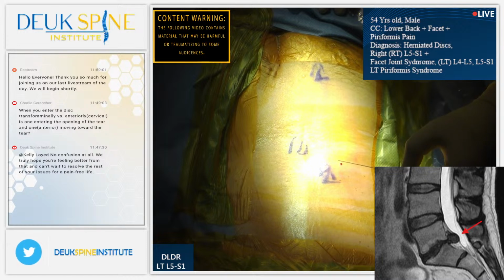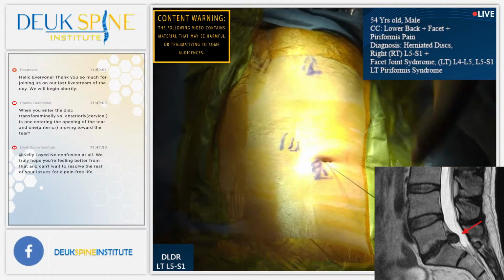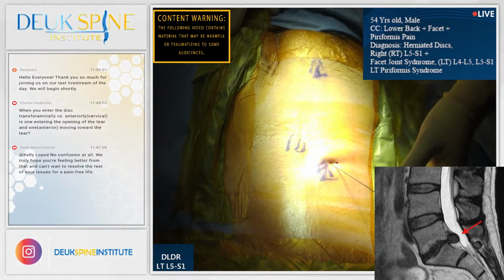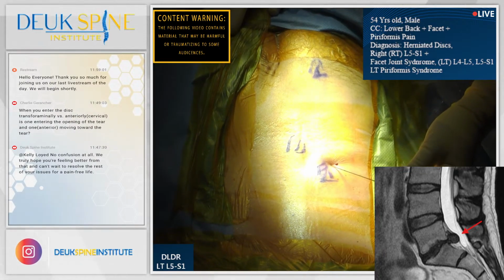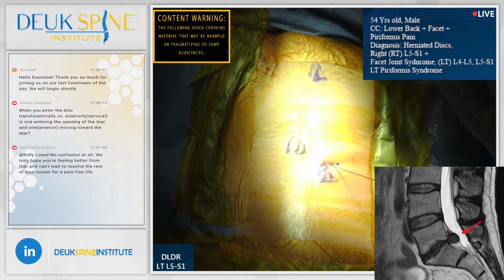Are you ready, Dr. B? Yes. We're going to get started by placing a needle down to L5-S1. Can do a little numbing, but it's not going to be enough. He needs to be a bit more sedated.